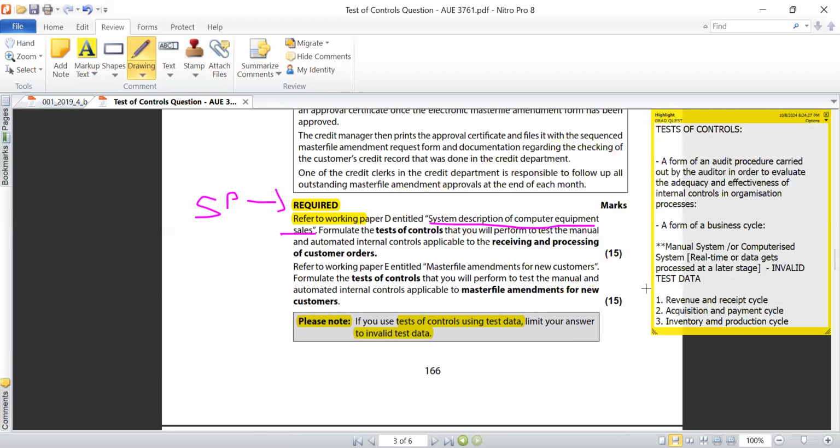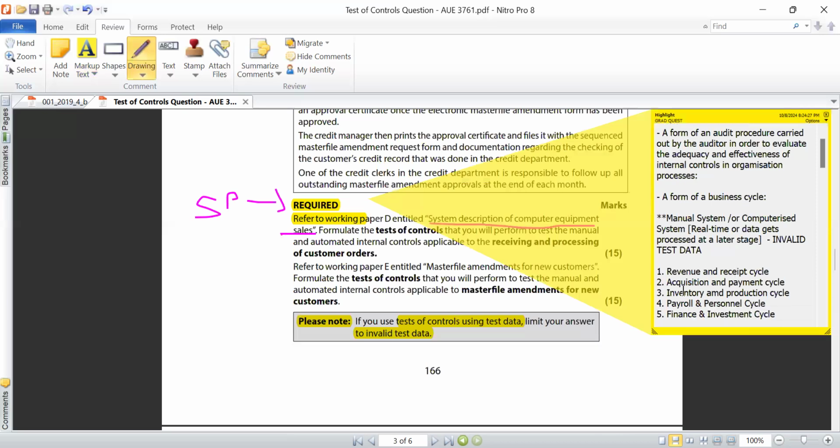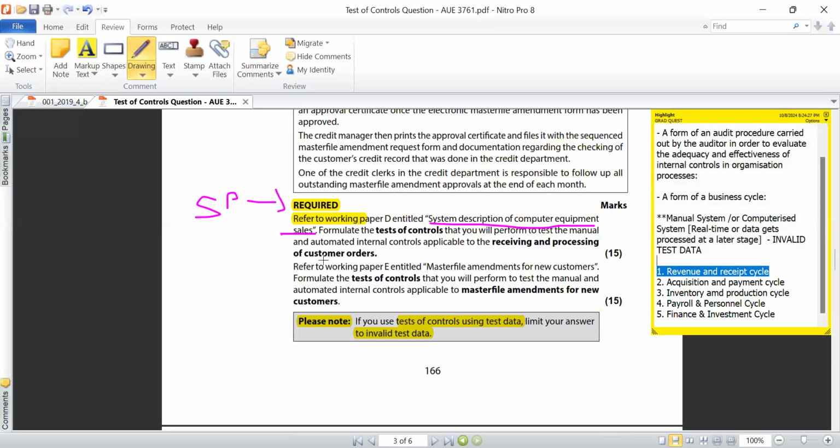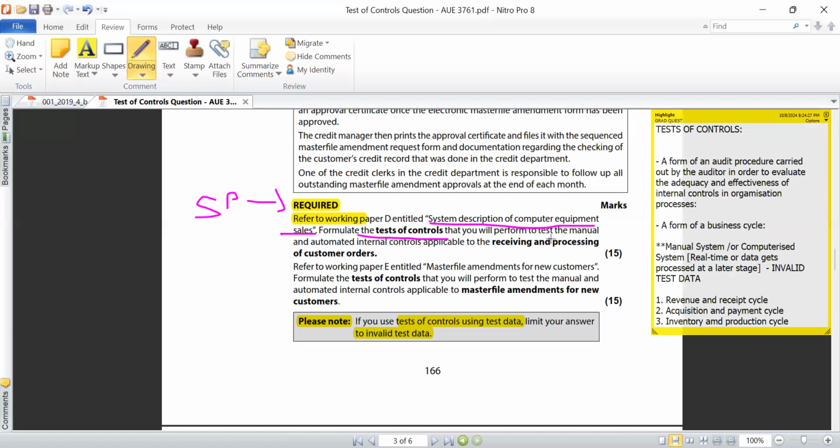Looking at that and going back to my business cycles, this tells me it has to do with sales, so the revenue and receipt cycle. What is the required asking you to do? They want you to formulate tests of controls, which you will perform to test the manual as well as the automated internal controls applicable to the receiving and processing of customer orders.